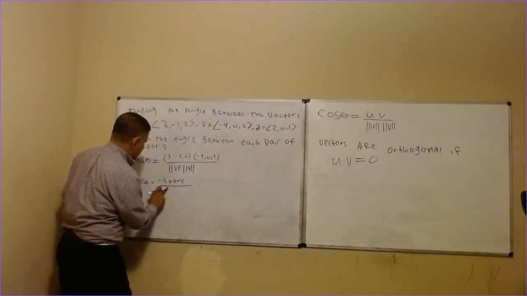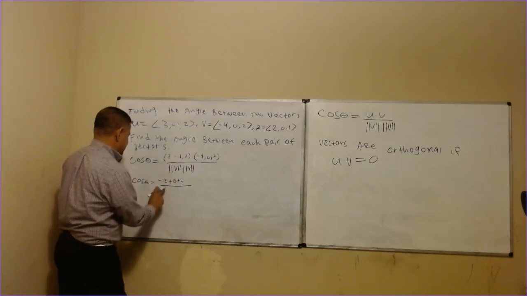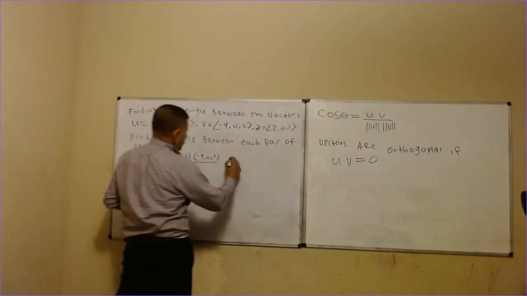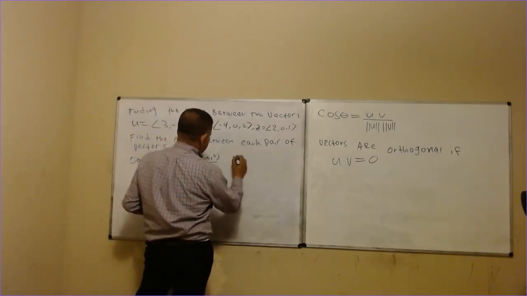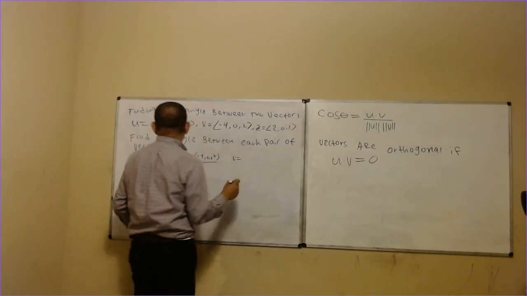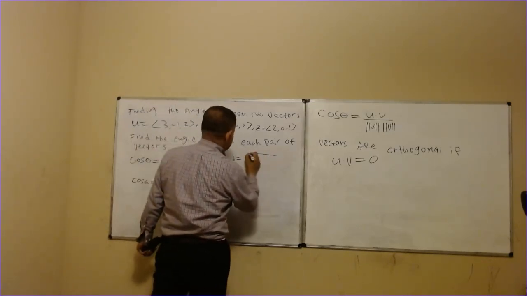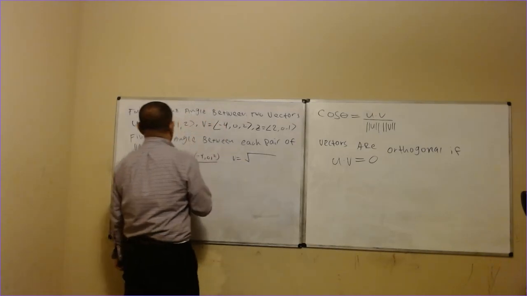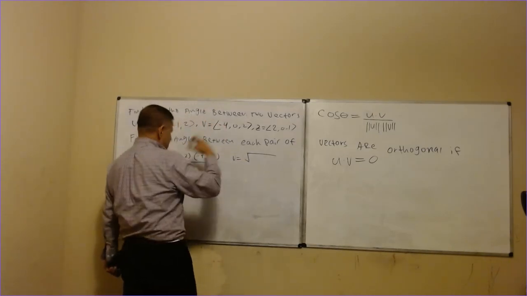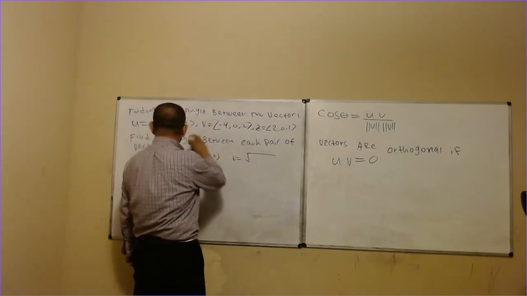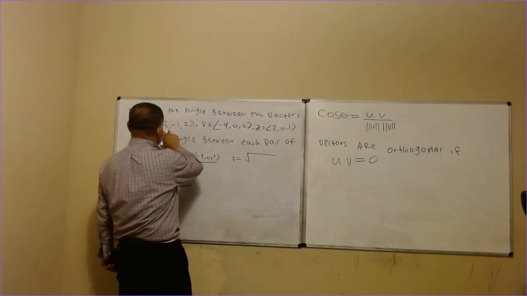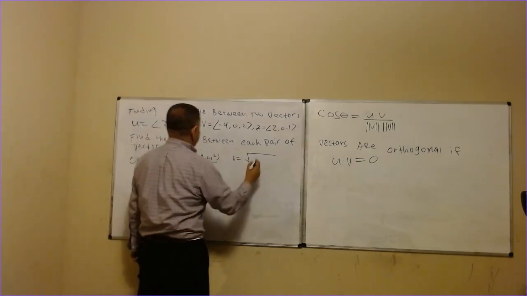So remember, I'm taking the magnitude of this. Let me do it separately here. The magnitude of u is equal to, as we said last time, we square each term and take the square root of it.